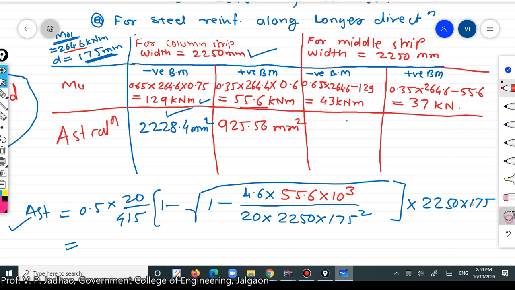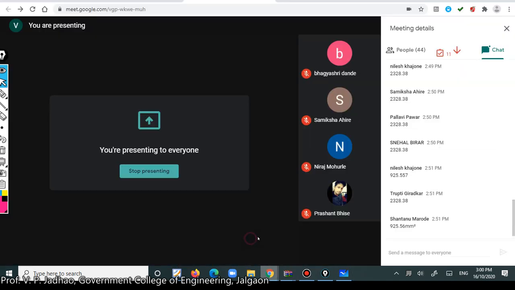Similarly, just replace this value here. It will be easier for tabular calculation, therefore I have used this tabular format. Put this value here, that is 43 into 10 raised to power 6, just to calculate the value. How much is it?